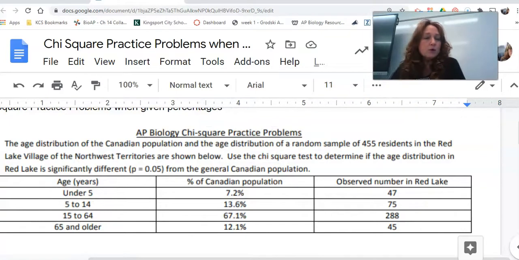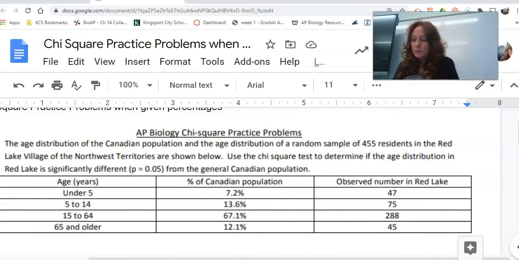So the first problem is they're looking at the population in Canada, and they've gone through and done a census just like we do, and they know the percentage of the whole population based on different age groups. And they're going to test to see if this group of 455 people who live in Red Lake Village in the Northwest Territories actually have that same percent distribution as well.